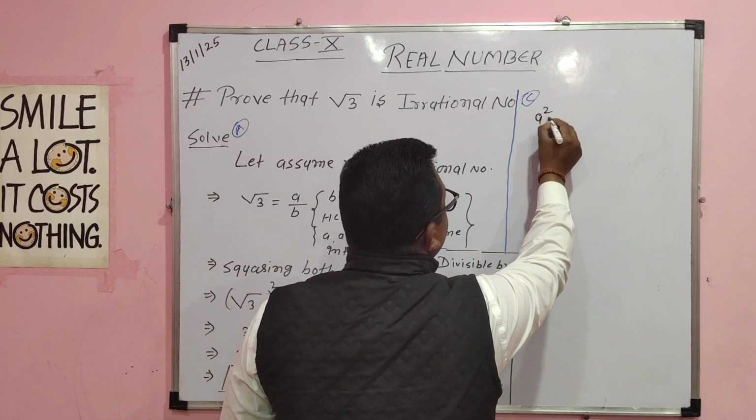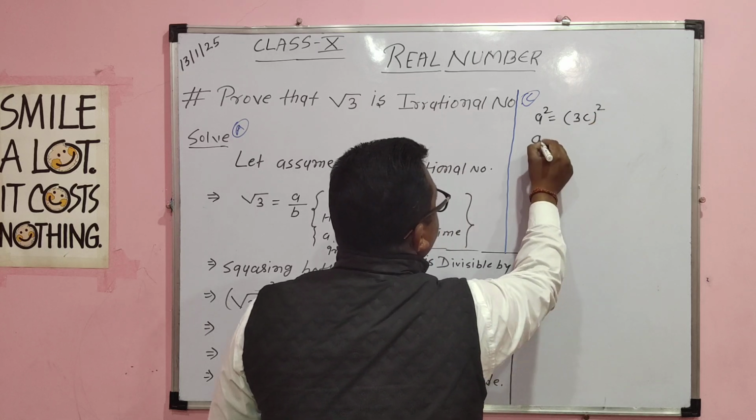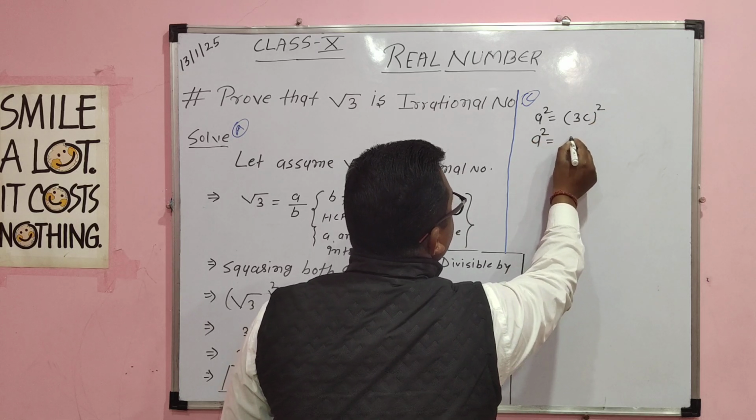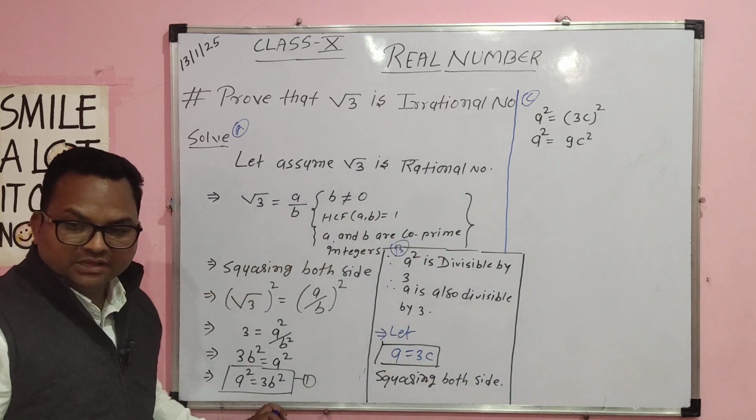a square equals 9c square, and we have equation number first, a square equals 3b square.